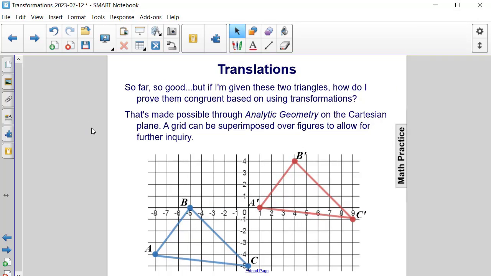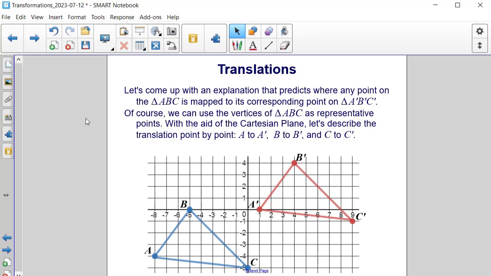So far, so good. But if I'm given these two triangles, how do I prove them to be congruent based on using transformations? That's made possible through analytic geometry on the Cartesian plane. A grid can be superimposed over figures to allow for further inquiry.